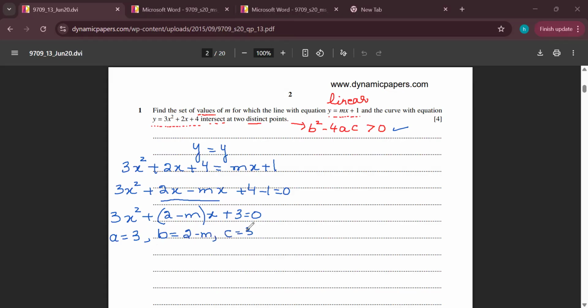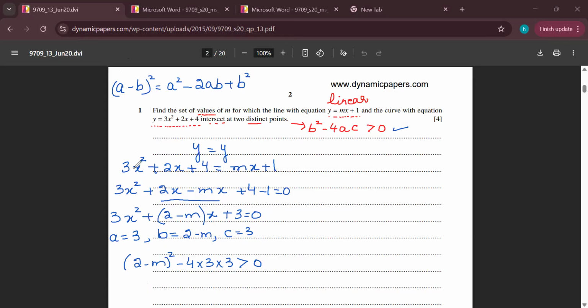Now we are going to plug in these values into b square minus 4ac greater than 0. So this will become 2 minus m whole square minus 4 times 3 is greater than 0. When you simplify 2 minus m whole square, if you remember, the formula for a minus b whole square is a square minus 2ab plus b square.